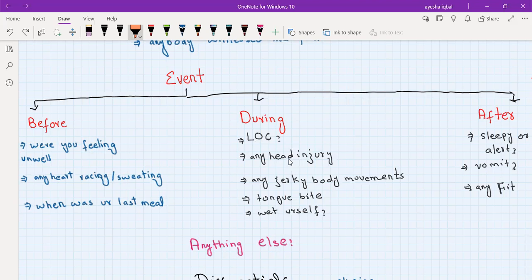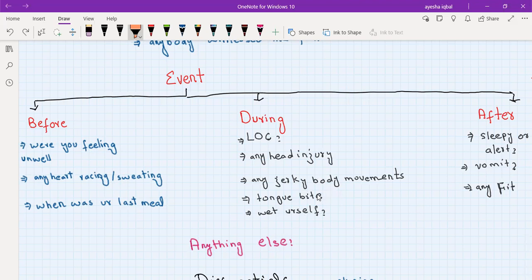We will ask, did you experience any head injury when you fell down? Did you hit your head? Any jerky body movements? If the patient, for example, lost consciousness, then we will ask, did anybody witness the fall? What did they tell you? Were there any jerky body movements? Was there any tongue bite? Did you wet yourself? These three symptoms, that is jerky movements of the body, tongue bite, and wetting, meaning urinary or stool incontinence, will occur in a fit, either an epileptic fit or a fit due to any other cause.